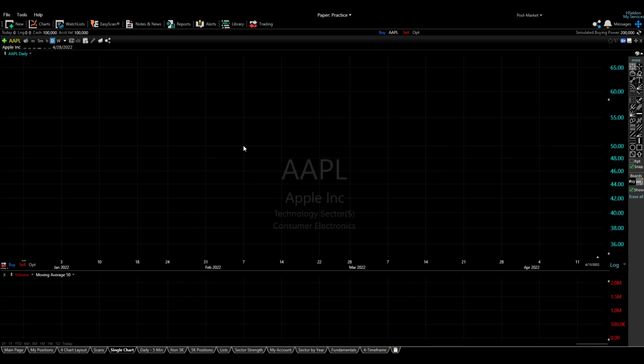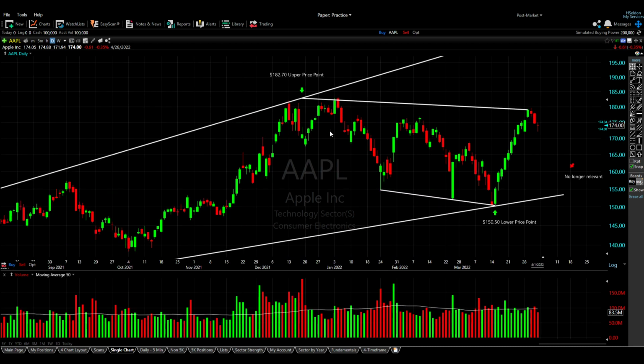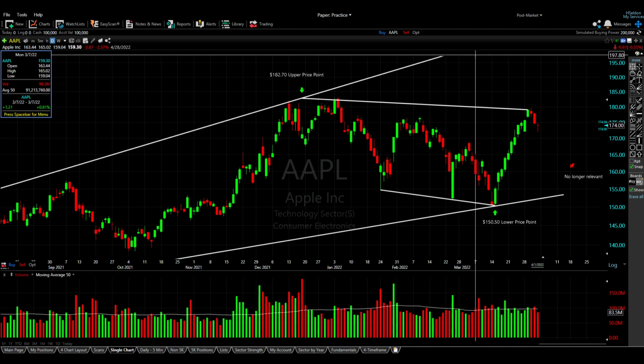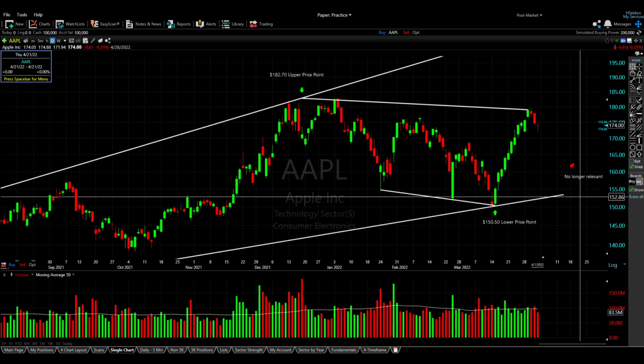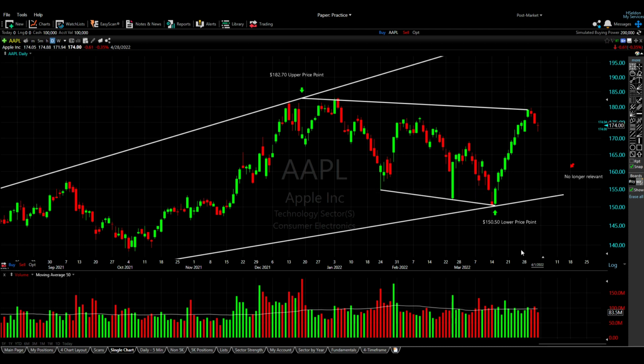And the upper and lower bounds here, right? And this extrapolation no longer matters. This is the point right here. It is no longer a 200 and 153. It's 182, 150. That is the upper and lower for Apple.